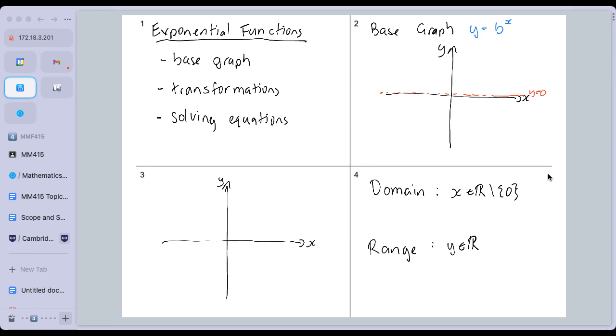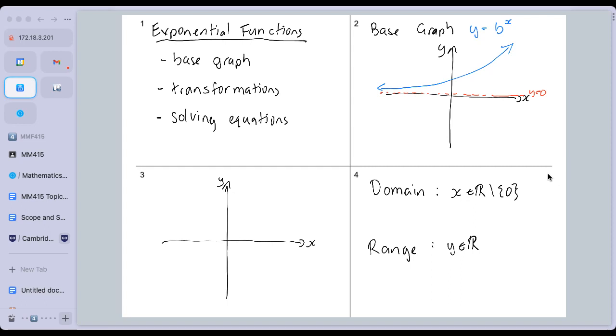When x is negative, y is extremely small, and when x is positive, y is extremely big, and so we have this kind of behavior here. It exponentially grows.